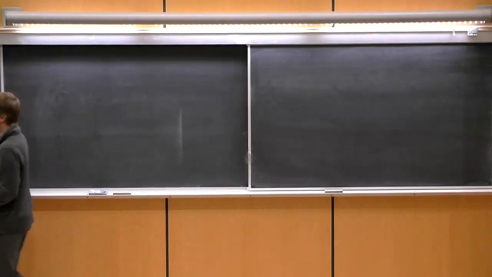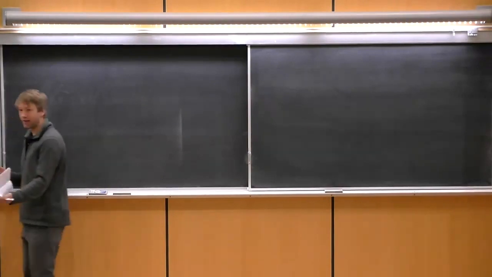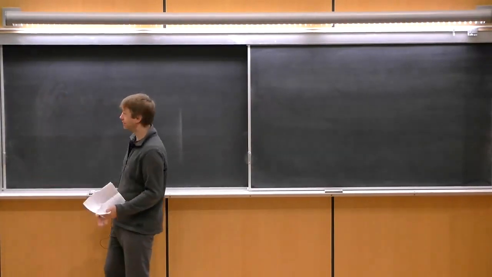So this is just a Bernoulli random variable. Basically, you just have two outcomes, and they have some probability p of success, probability q of failure.